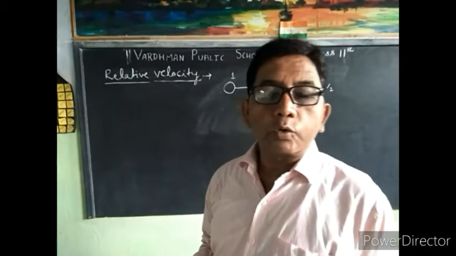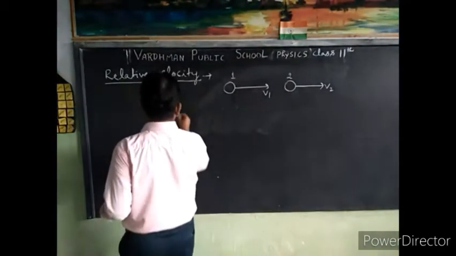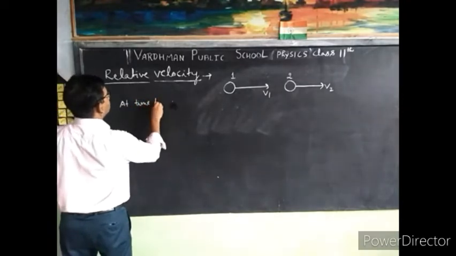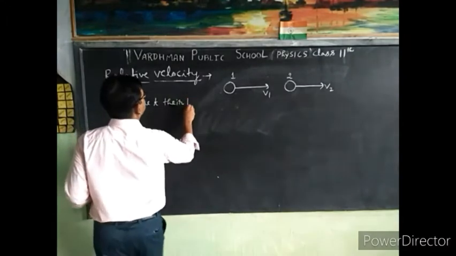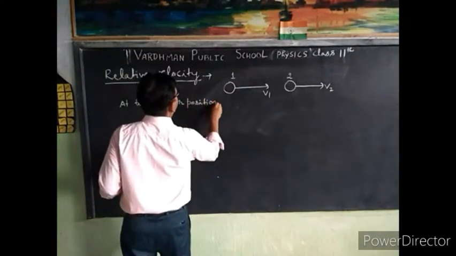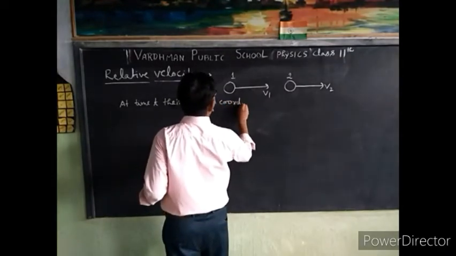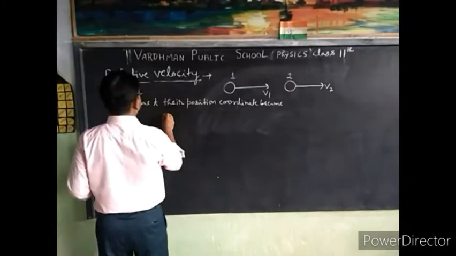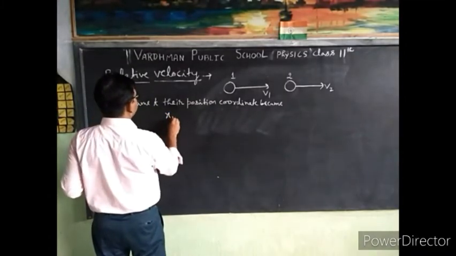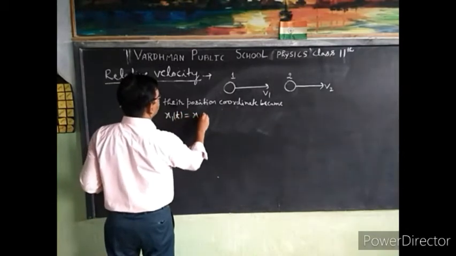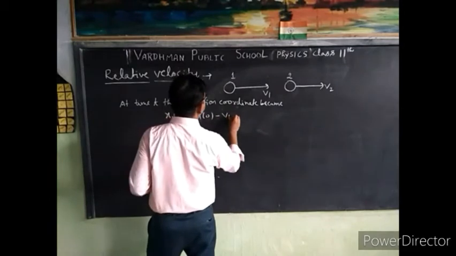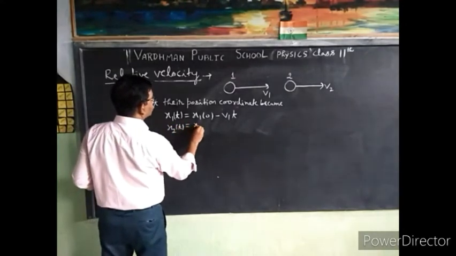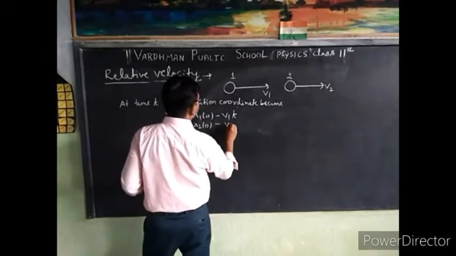Now at time t, their position coordinates become x1t equals x10 minus v1t and x2t equals x20 minus v2t.